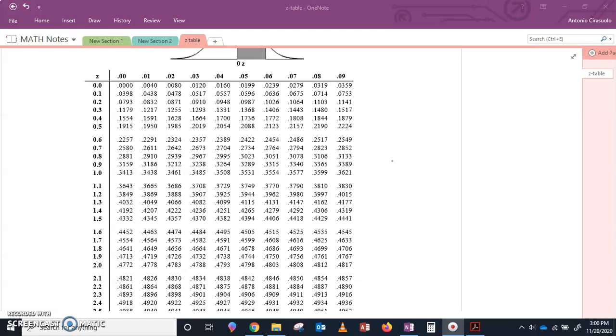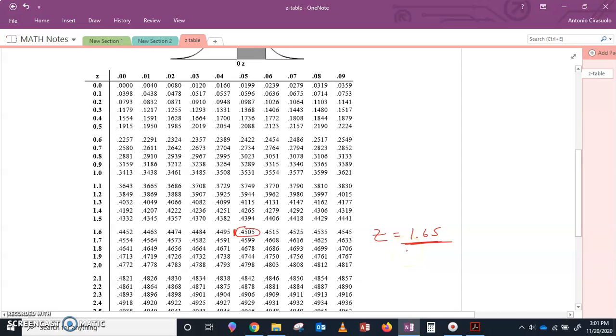So in this case here, 0.4500 is right smack in the middle here. Now, what's preferable is that you actually go with the larger of the two values. It makes the standard better. So this gives us a value of 1.65. So our critical value is 1.65.